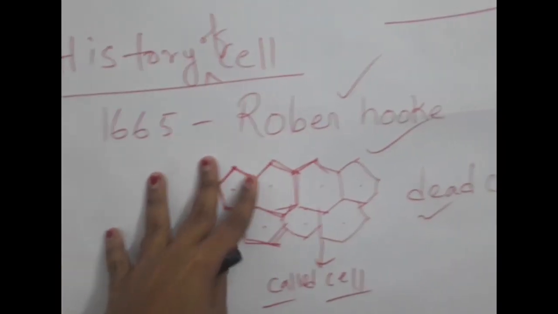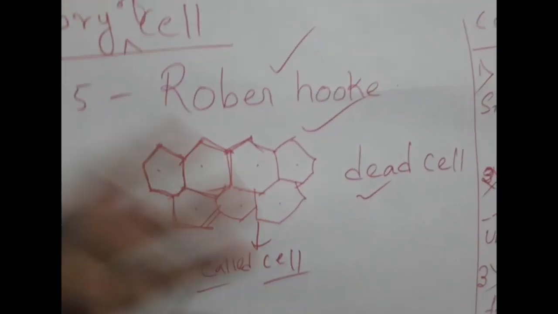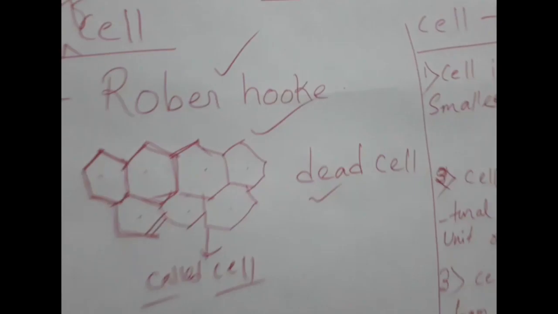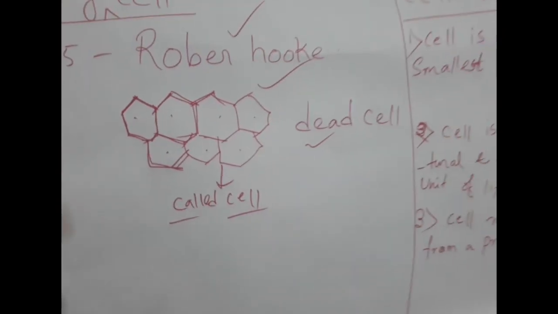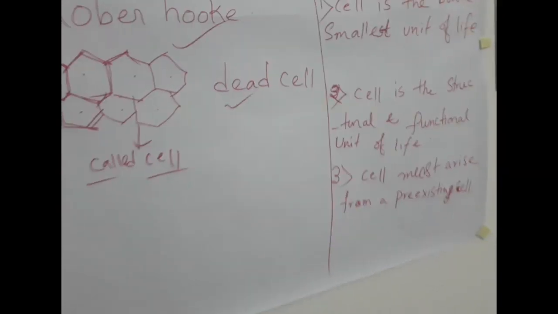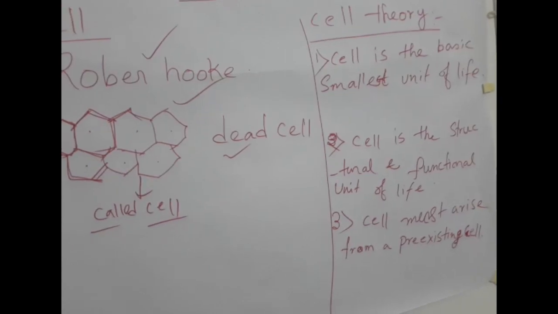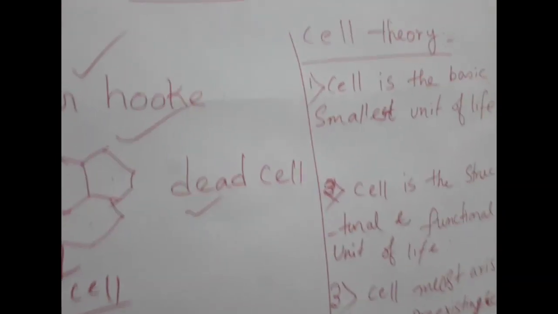So today, what did we come to know about? The cell. Robert Hooke in 1665 first coined the name. Anton van Leeuwenhoek, another scientist, also told the basic theory that every plant and every animal has cells.